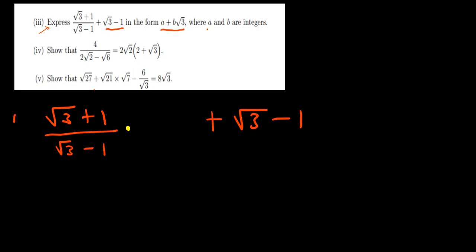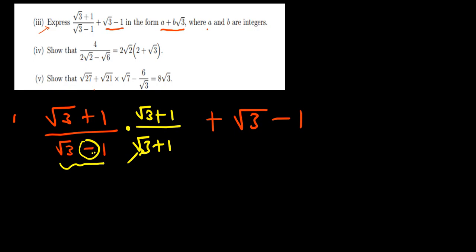The conjugate is the same expression, but we just change the sign. If you have a minus, in the conjugate you're going to have a plus. So we are going to write root of 3 plus 1, divided by root of 3 plus 1. This here is the conjugate; you just change the sign that is in between.